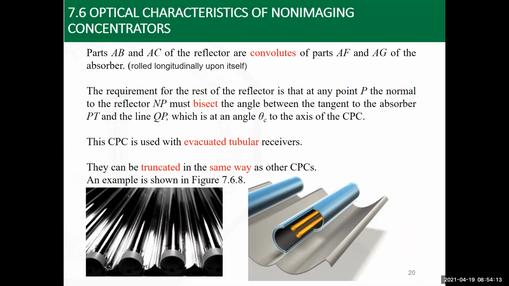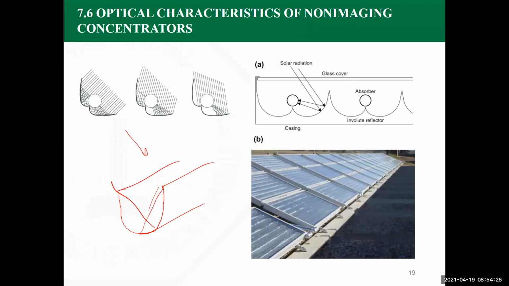And inside that unit, inside that cylinder, it's not necessarily a single tube, but it can be a couple of tubes, as you can see here. The tubes, or this whole tube that we see here, can even be evacuated. Why evacuated?